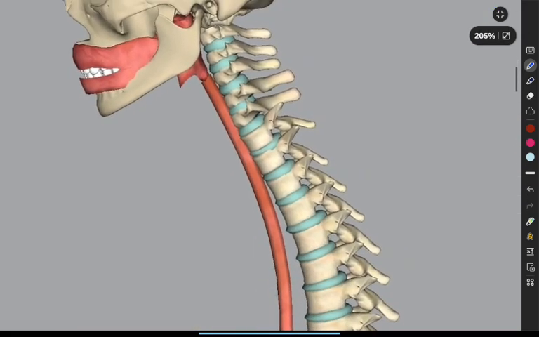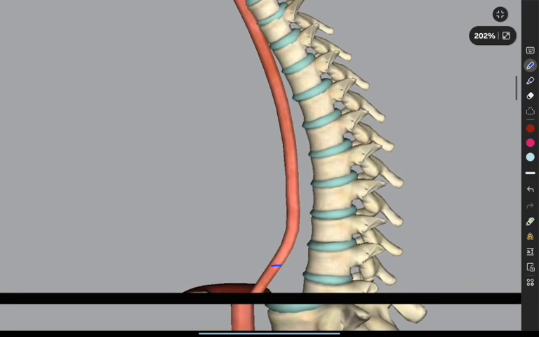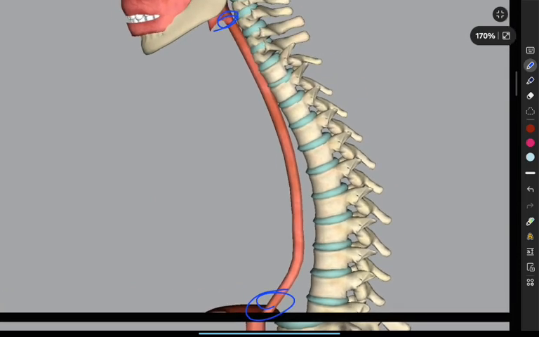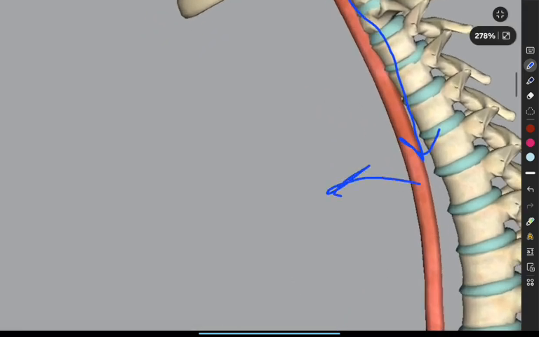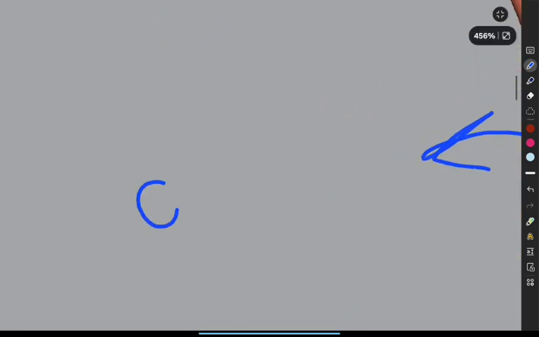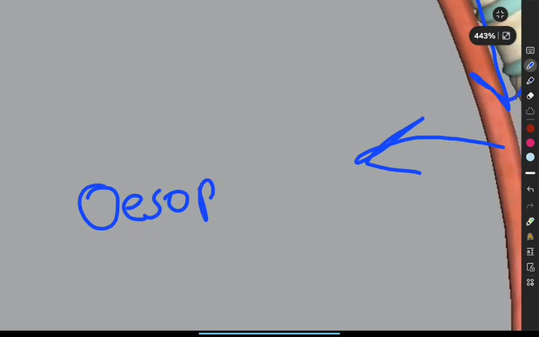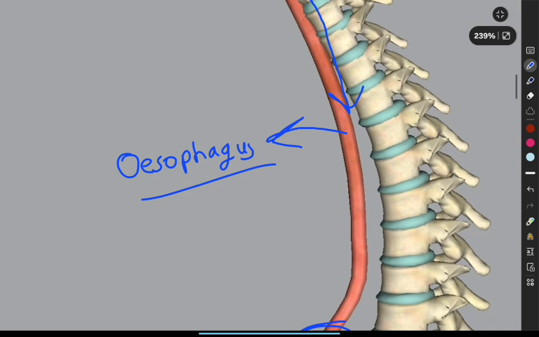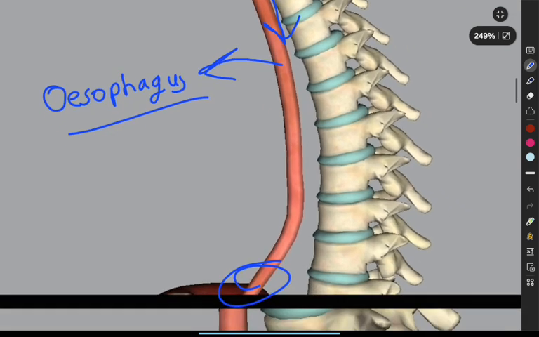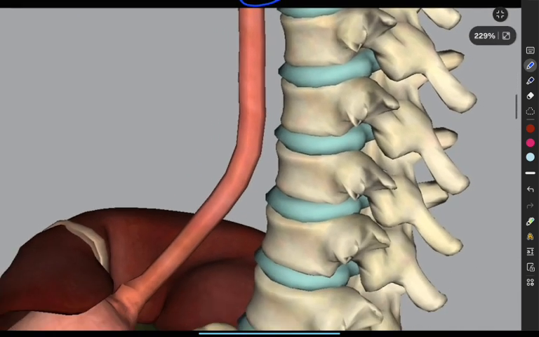Now the food from our mouth reaches our stomach via a pipe which is known as the esophagus. This is also the food pipe, and the motion through which the food comes is known as the peristaltic movement.